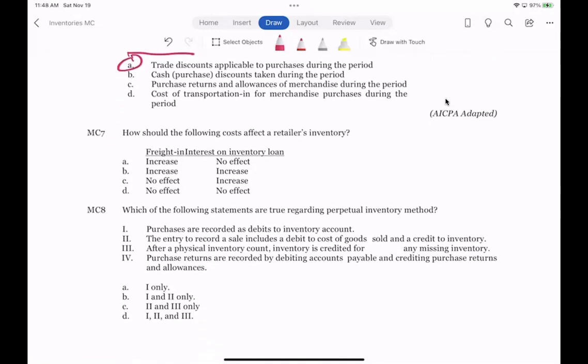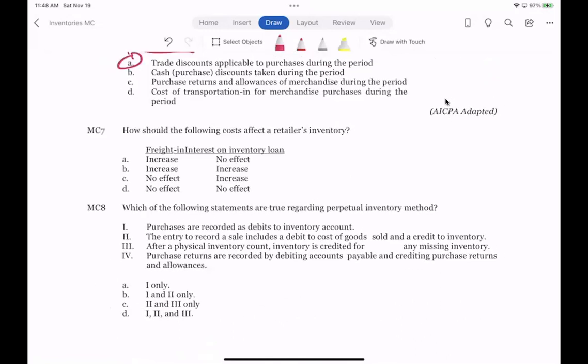How should the following costs affect a retailer's inventory? Freight in. Freight in is part of inventoriable cost, so that's an increase. Whereas interest on inventory loan is considered as finance cost unless interest is incurred on an inventory that qualifies as a qualifying asset. So when is that? That is when the inventory takes a substantial period of time before it gets ready for sale.